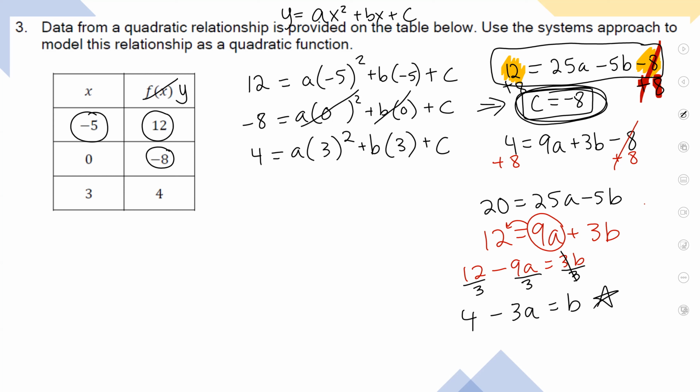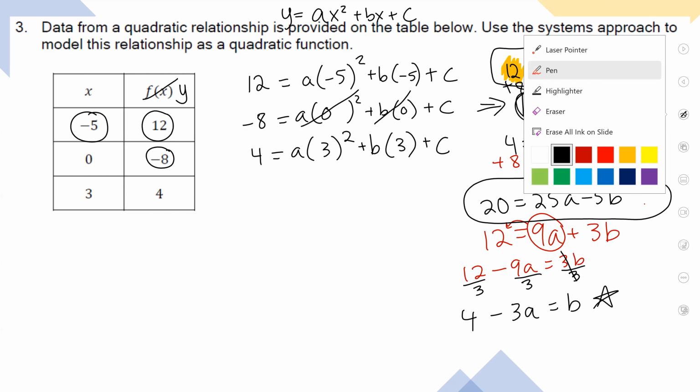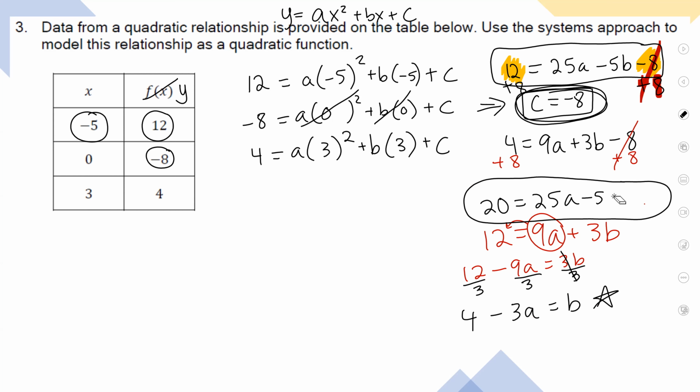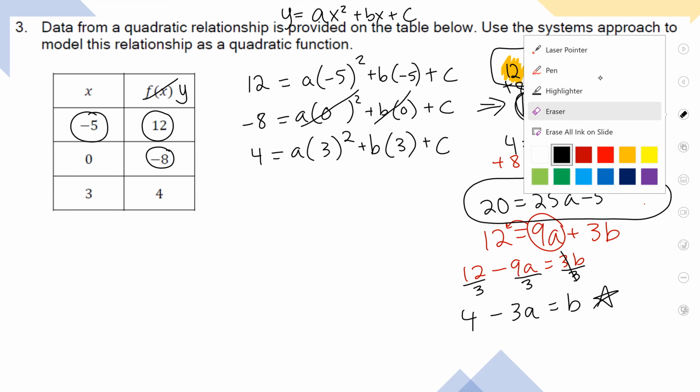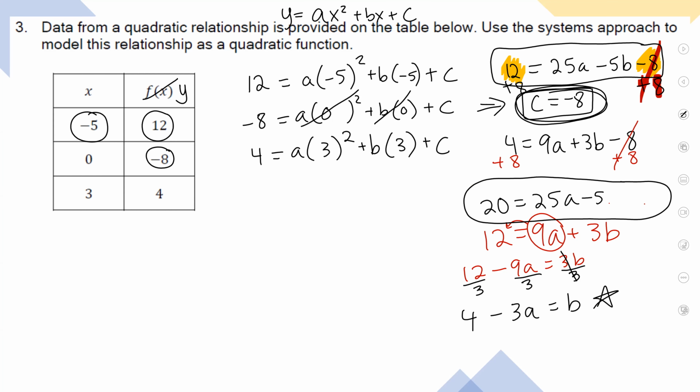I'm going to put that in here. So guys, instead of B, I'm going to erase B and put this inside, 4 minus 3A. I'm going to solve it over here. So I have 20 equals 25A minus 5 times 4 is 20. Negative 5 times negative 3A is positive 15A.